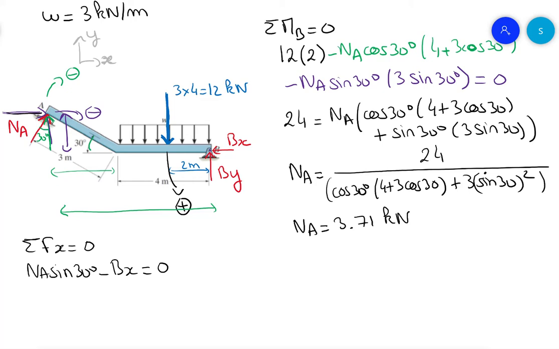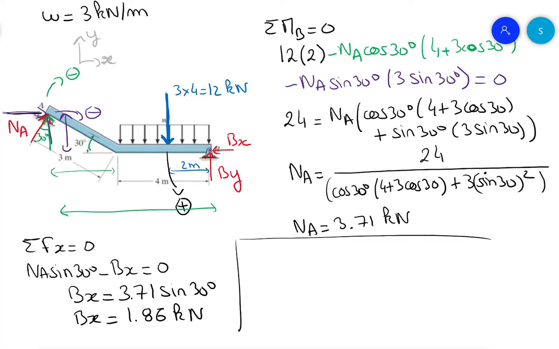There's no other possibility. So Bx is equal to NA, 3.71 sine 30. That's 1.186 kilonewton.